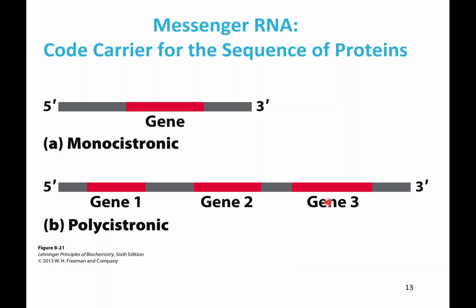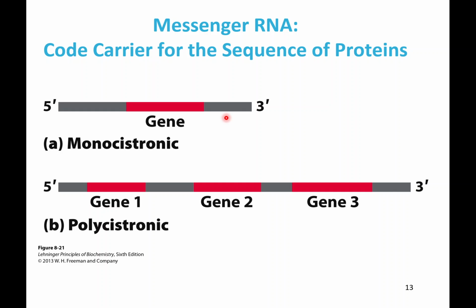Okay. The term for a messenger RNA that encodes only one protein, one gene that encodes one protein, is monocistronic. Okay. And the messenger RNA, again, is read from 5' to 3'. And there's usually some sequence on the 5' end and the 3' end that isn't translated.